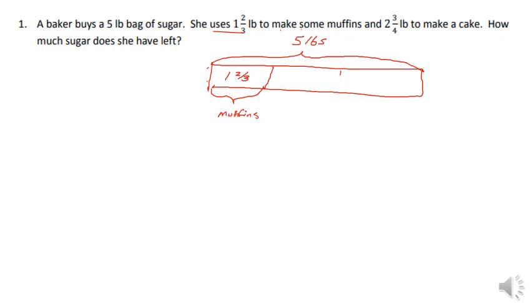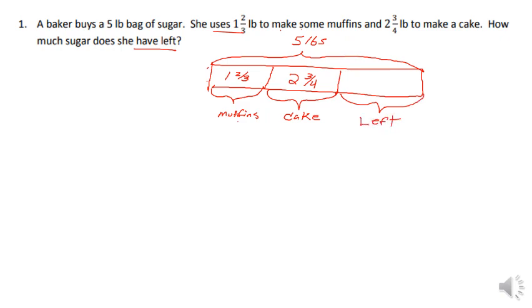Then she used 2 3/4 pounds to make a cake. Now the question says, how much sugar does she have left? Well, you can see she cooked muffins and cake, so this is what they have left.